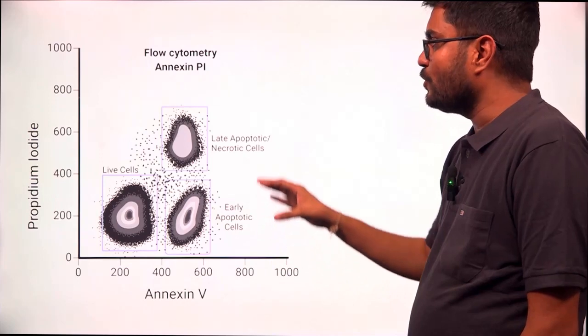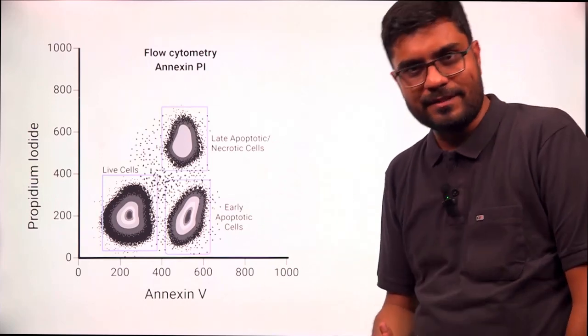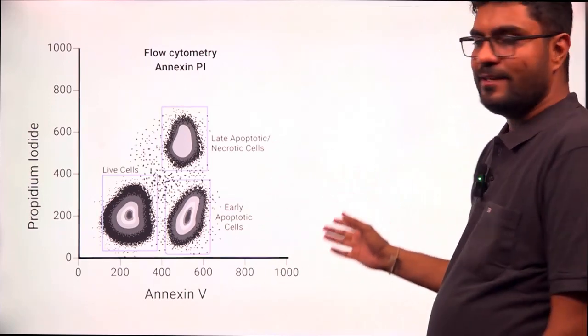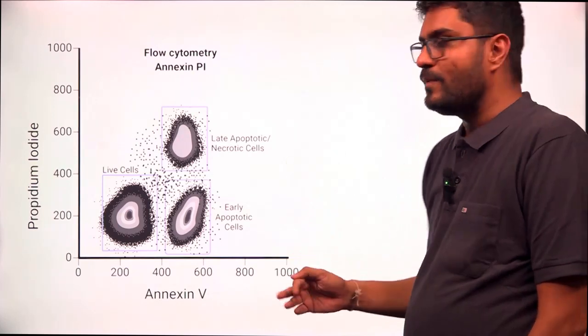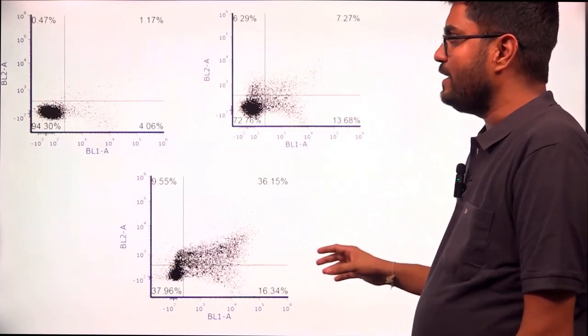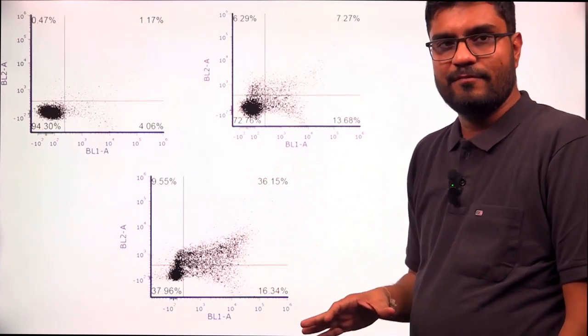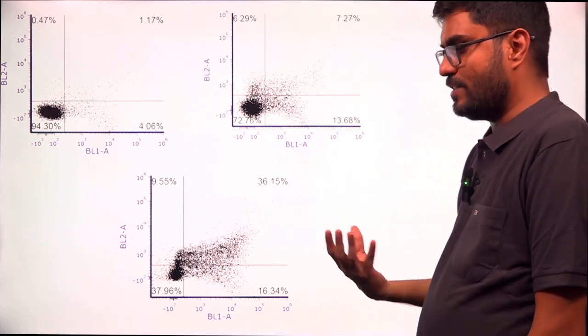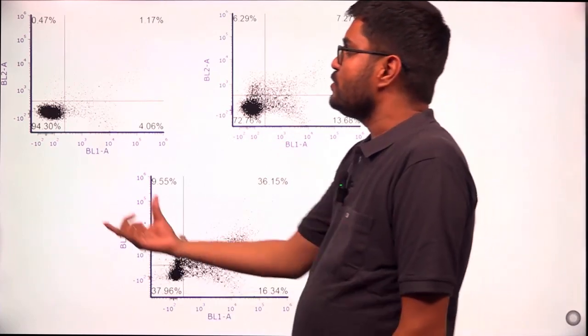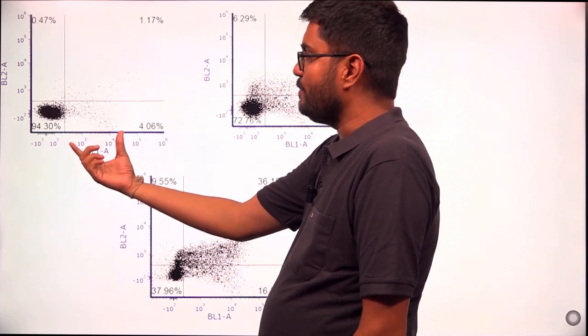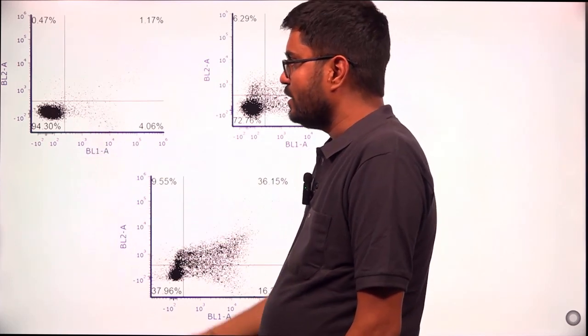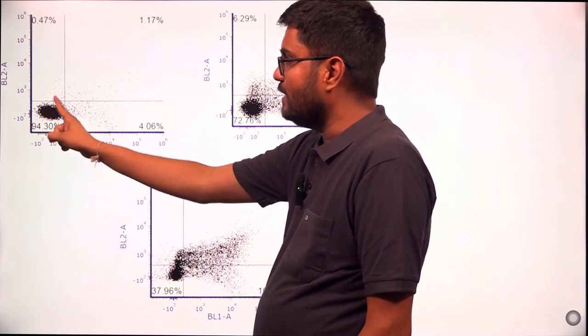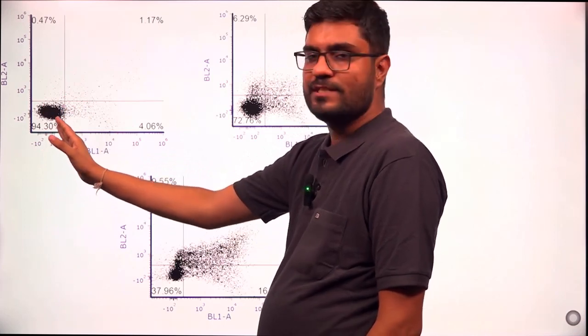Now, to show a lab example, I am using the data of our own lab. We treated cancer cells with an anti-cancer drug which induces apoptosis. Here we have no treatment, or you can say 0 hours. Most of the cells are negative for both. Most of the cells, 94.30%, are what?